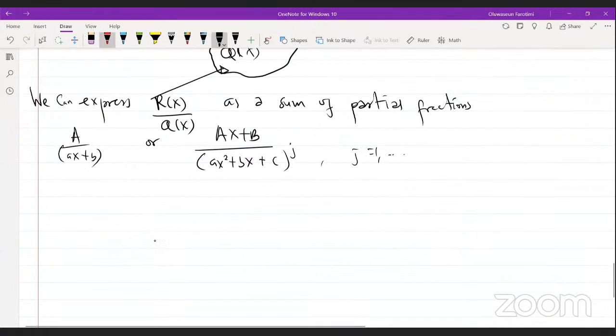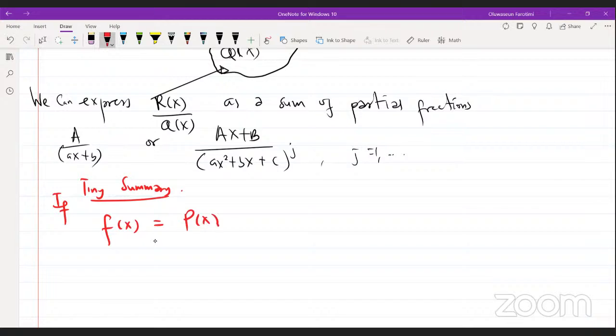Let me write in red just to provide first a very tiny summary at this point. We're not done yet. So the tiny summary: if you have this, different things are obtainable. It's possible that the degree of P is bigger than or equal to the degree of Q. When this happens, what do you do, guys?